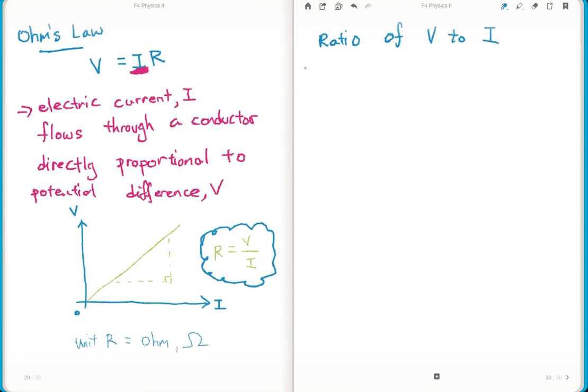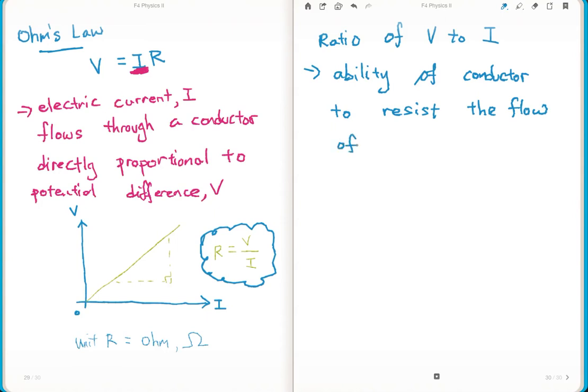It's actually the ability of a conductor to resist the flow of electric current.